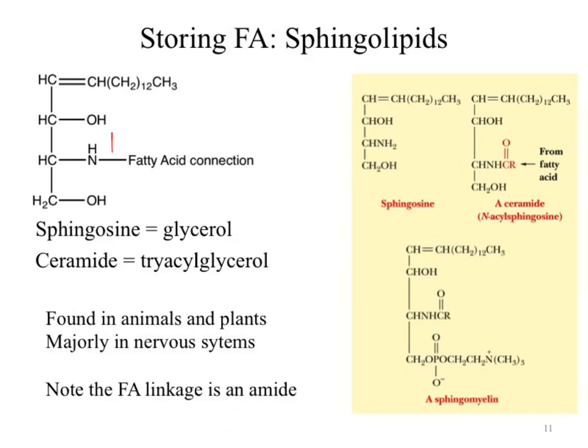If we cleave off that fatty acid, we now have our sphingosine. Now what can happen is we can add our fatty acid to this. And in the process of adding the fatty acid, we end up changing it either to a sphingolipid or sometimes referred to as a ceramide. Okay, so you get these other terms popping into it. And the ceramide is effectively equivalent to your triacylglycerol.